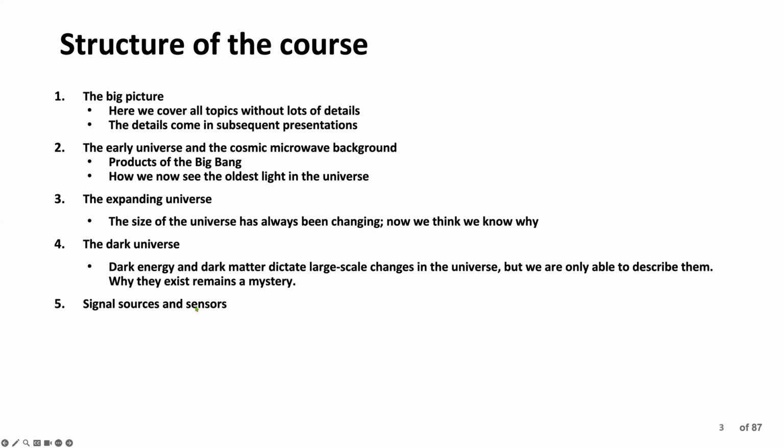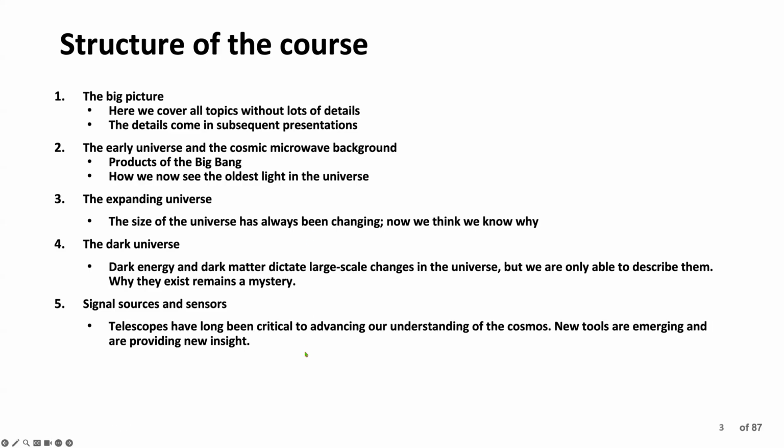The fifth lecture is about the types of signals that we detect using primarily telescopes, but recently the invention of gravitational wave sensors and the use of particle physics, both on the ground and out in space, give us new windows on the universe and its dynamics.